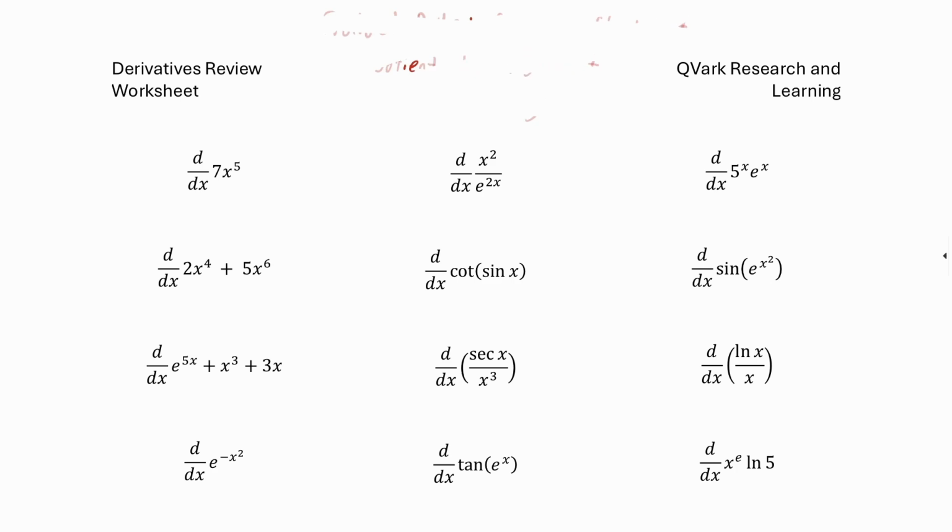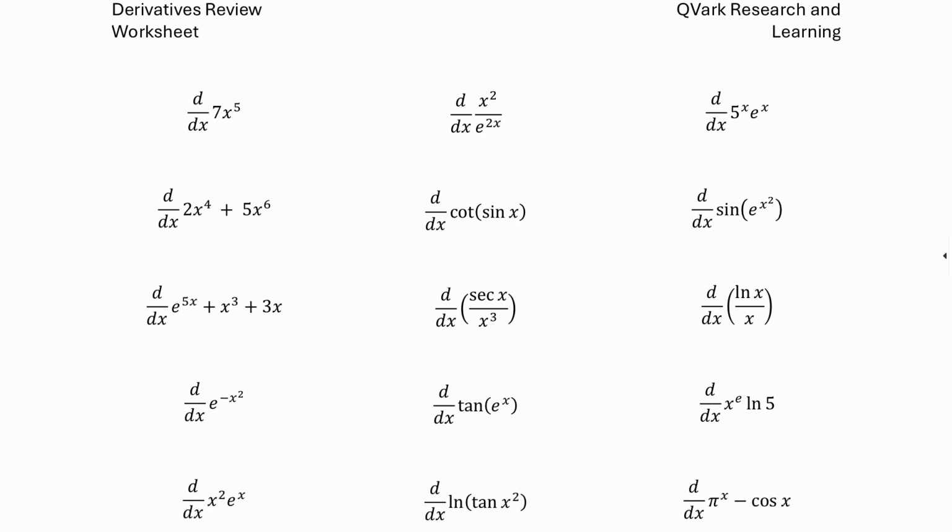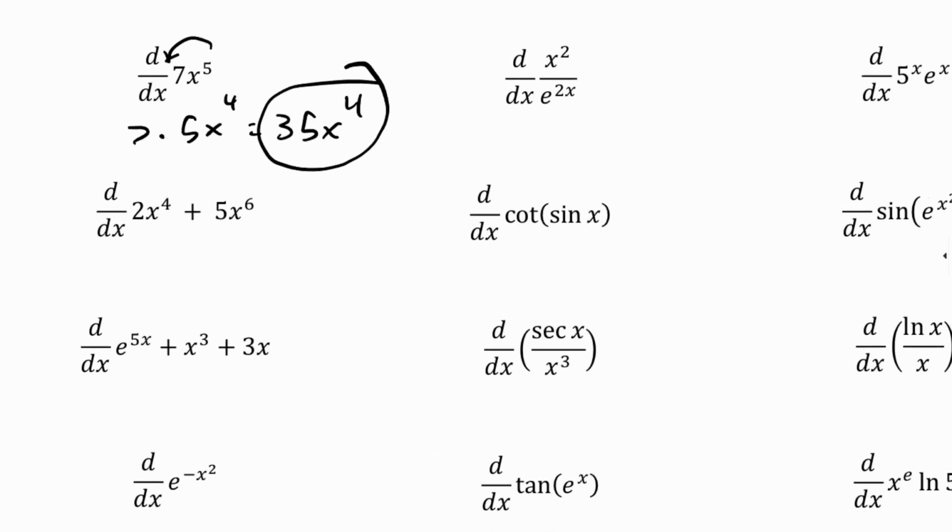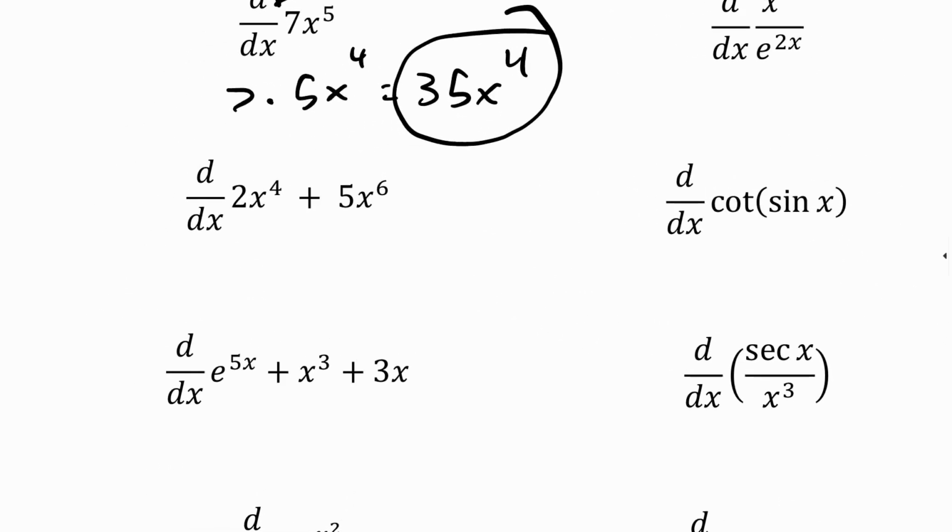So the first problem here is just a very simple power rule. So just bring this power down. It'll be 7 times 5x to the fourth, and that's just equal to 35x to the fourth. There you have it. The second problem is another power rule, but it's just the sum.